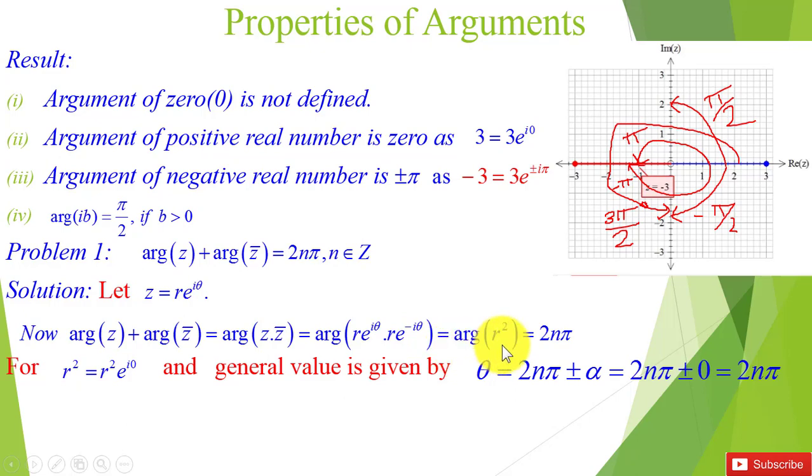This is equal to argument of r square, and this is equal to twice n pi, because argument of positive real number is 0, and in general its angle is twice n pi plus minus alpha. For r square is equal to r square e raised to the power i into 0, and general value is given by theta is equal to twice n pi plus minus alpha is equal to twice n pi plus minus 0 is equal to twice n pi. So argument z plus argument z bar is equal to 2 times n pi, where n is an integer.